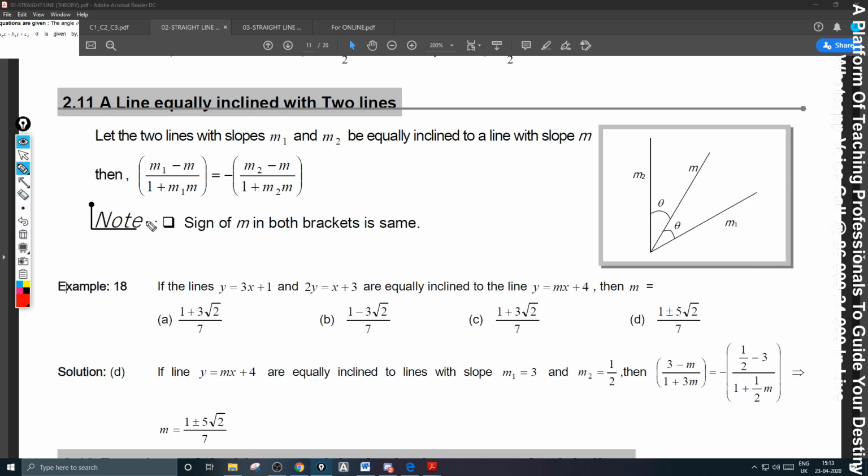But let us take the problem that is related to it. If the lines are equally inclined to the line y is equal to mx plus 4, then m is equal to. Just see that. I'm taking up the data.